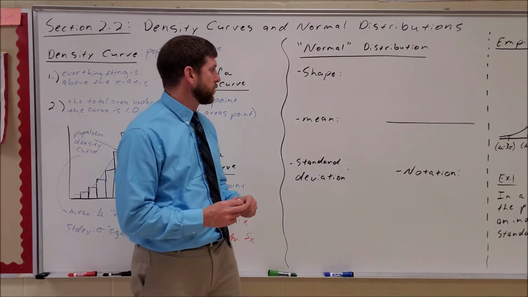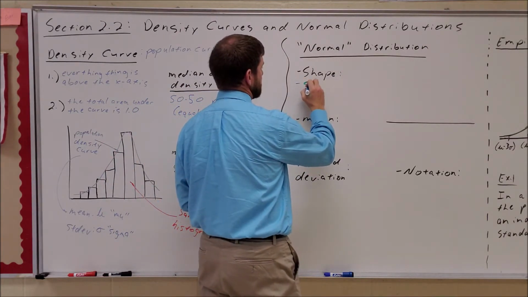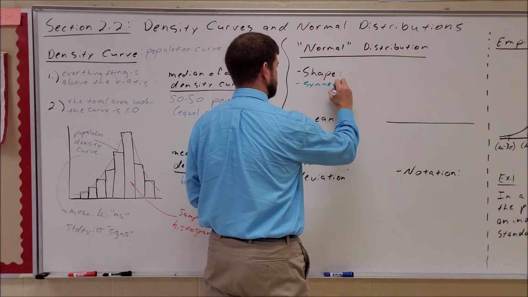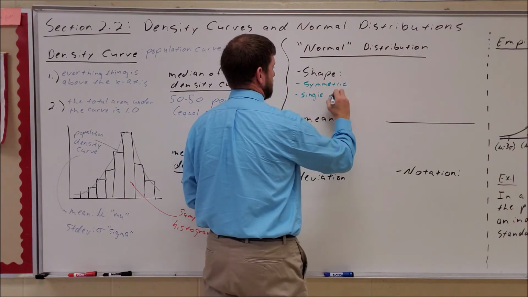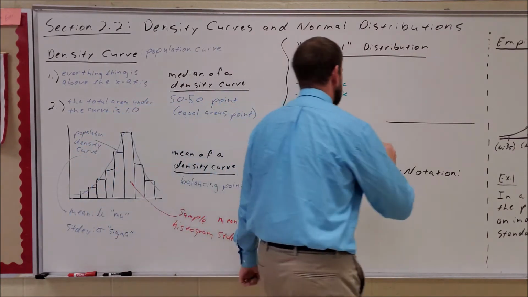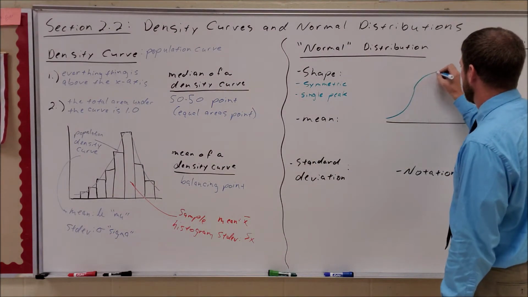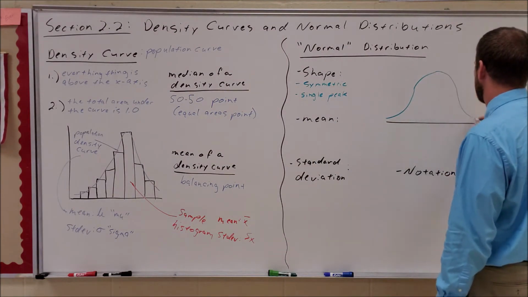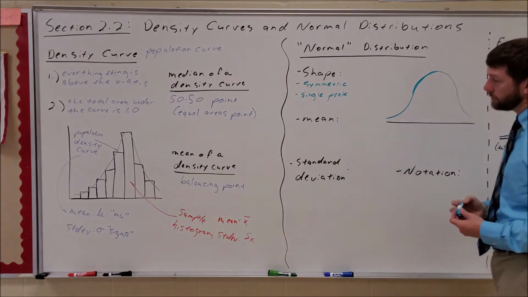All right, so the first one we've got here is the shape. The shape of a normal distribution is going to be symmetric and single peak. Symmetric and a single peak. So it ends up looking something like that.